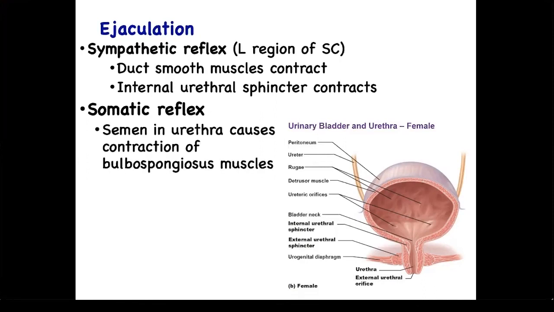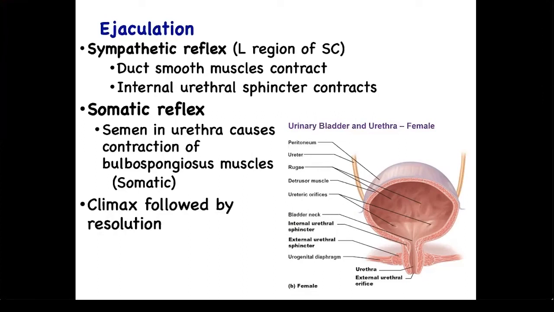The presence of semen in the urethra initiates the somatic reflex. The reflex, in turn, then will stimulate the bulbospongiosus muscles of the penis to undergo a rapid series of contractions. This propels the semen out of the urethra. Climax follows, and climax is also known as orgasm.